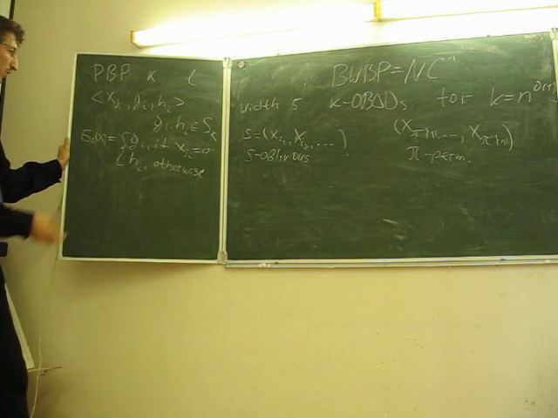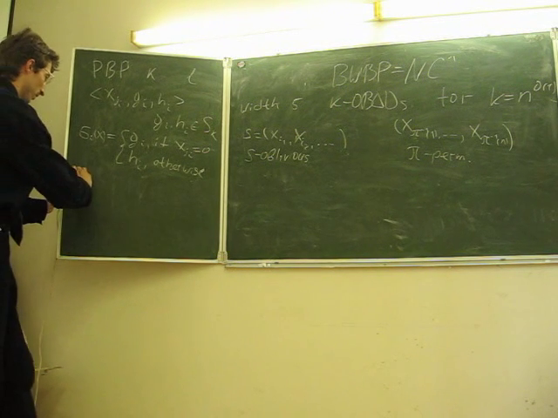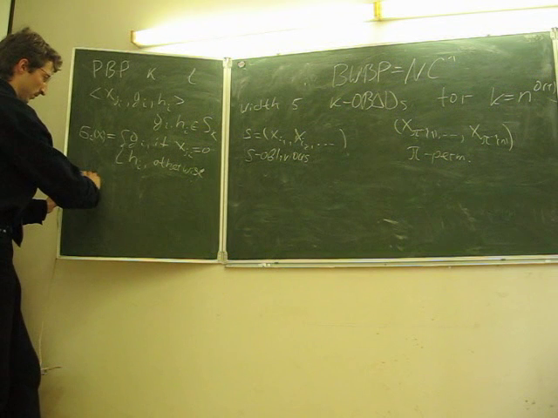The whole permutation branching program computes the composition sigma of x.